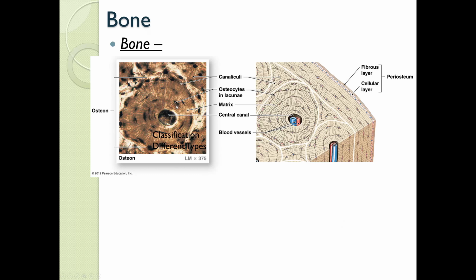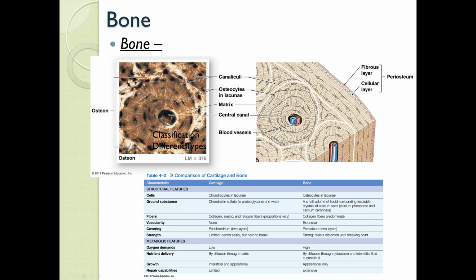And then you have the channels that run between one osteocyte and another, and it looks like these fine little lines. Those are the canaliculi. And then in the center of each circular structure called an osteon, you have a central canal, which is where you find blood vessels, because unlike cartilage, which is avascular, bone has a very extensive blood supply.